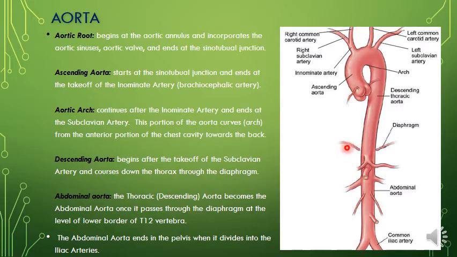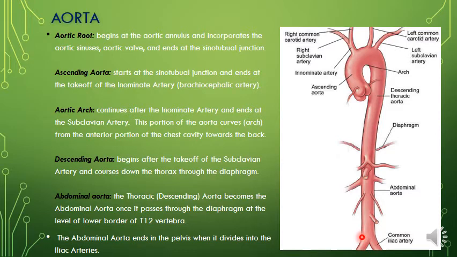Then the abdominal aorta. The thoracic aorta becomes the abdominal aorta once it passes through the diaphragm. This is the diaphragm here, okay. Once it passes through this diaphragm, it is now called the abdominal aorta, and this passes down starting at the level of the lower border of T12 vertebra in the aortic opening of the diaphragm, and then runs downwards.